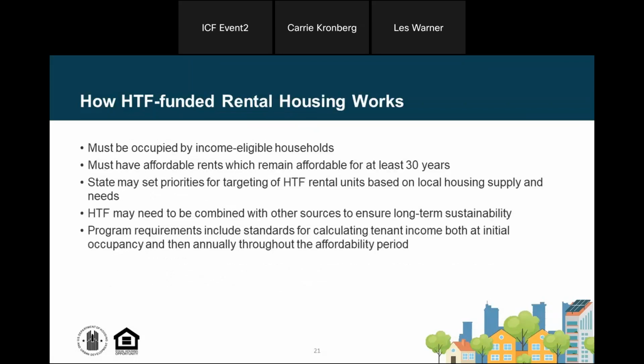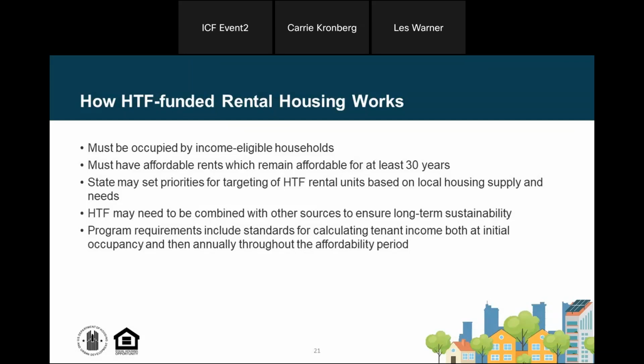So when we talk about how Housing Trust Fund rental housing actually works, I think most OZ investors are going to be interested in what those requirements are, and what grantees are going to be reviewing to determine whether their potential project is going to meet those rental housing requirements.